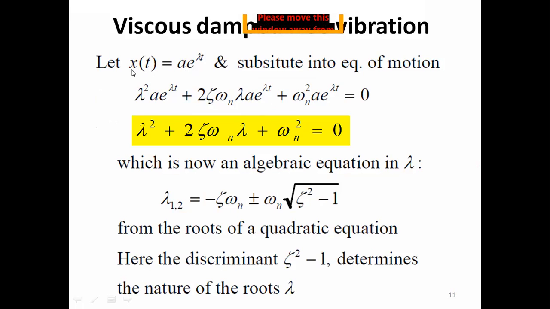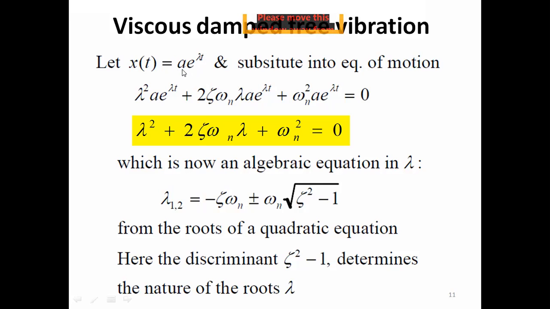So differentiating this, we would have x dot of t, and it would have a exponential lambda t, and when it is differentiated, the power of the exponential function is differentiated, so we would have lambda from there. So we would have lambda a exponential lambda t. And for x double dot, again we have to differentiate this again.